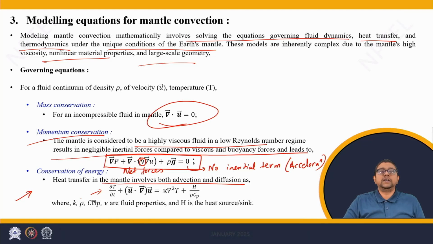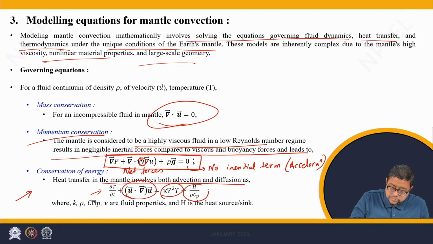This gives us del T by del t, which is the evolution of temperature through time affected by the convection process given by this advective term, which is u dot grad T, the conduction process, which is given by kappa Laplacian of T, and any other heat generation process given by H by rho Cp.